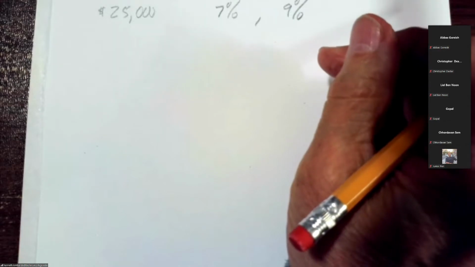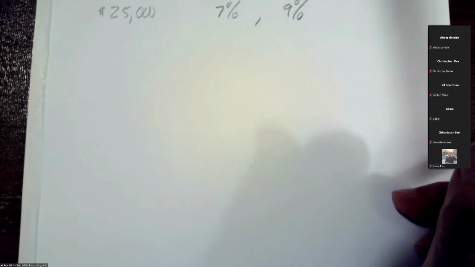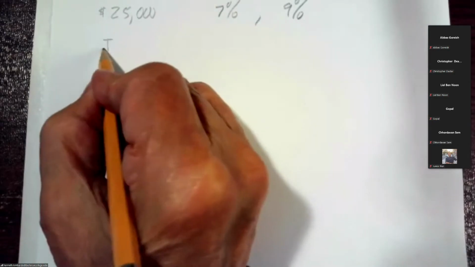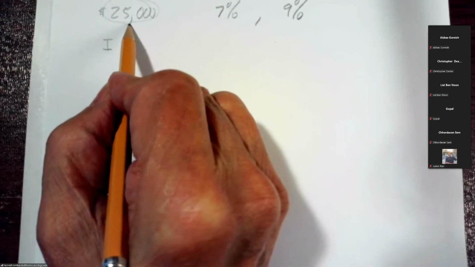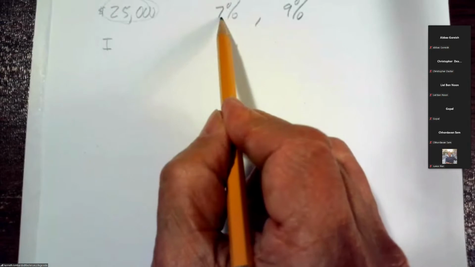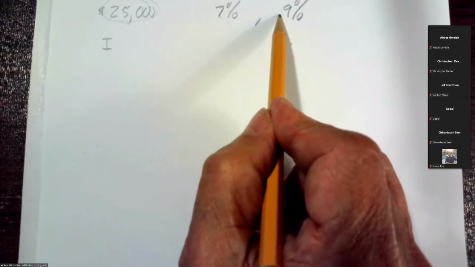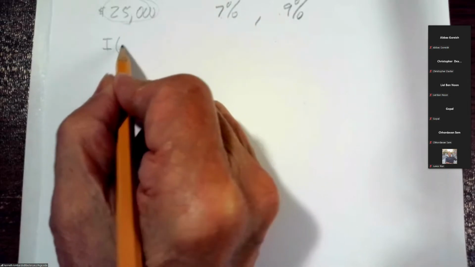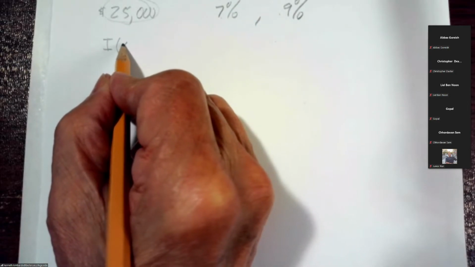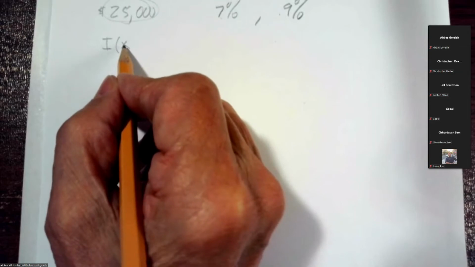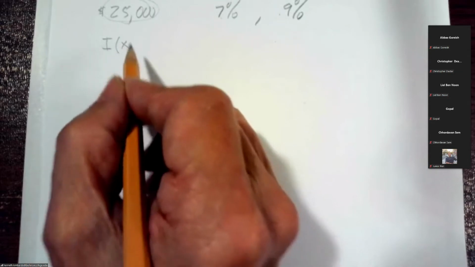What I would like to find is, can we express the interest earned on this 25,000, which is invested here and here, as a function of, let's say, the amount invested?